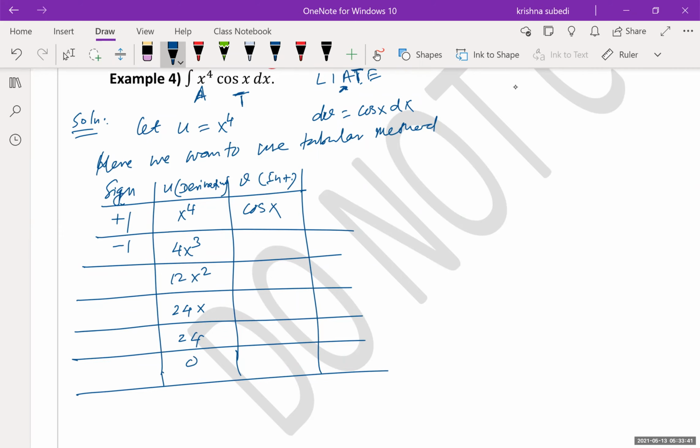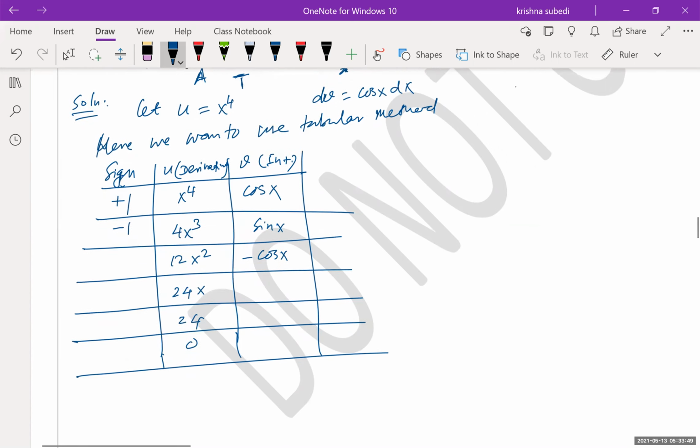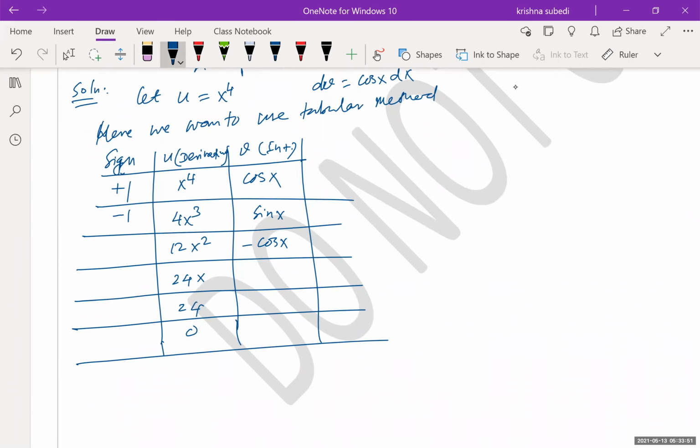So integration of cosine x is sine x. Integration of sine x is negative cosine x. Integration of negative cosine x will be negative sine x. Integration of cosine x is sine x. Integration of sine x is negative cos x, so negative will be positive.